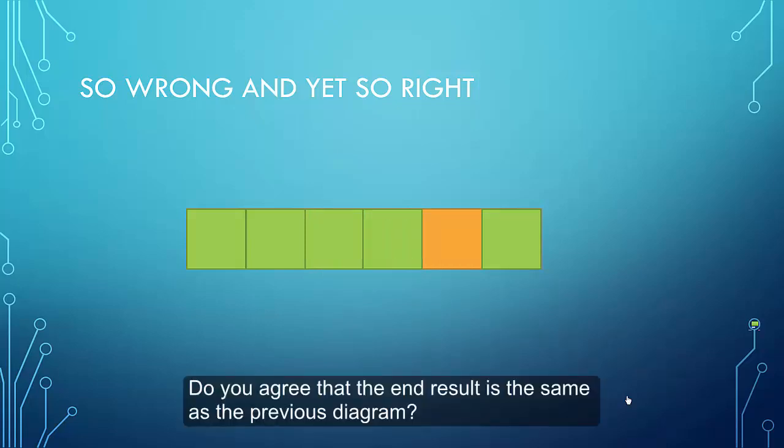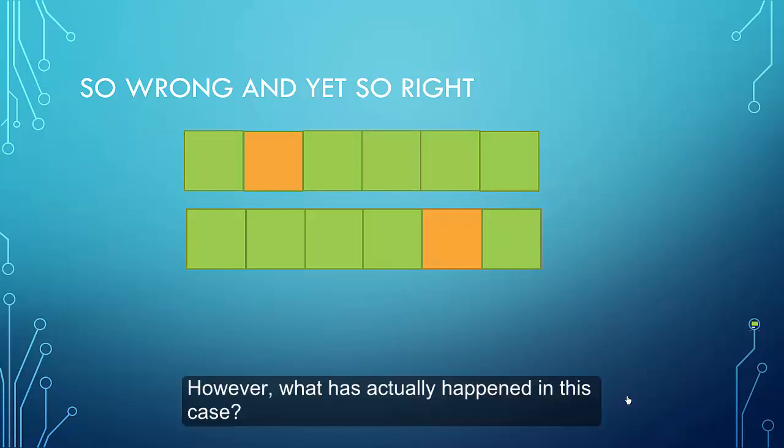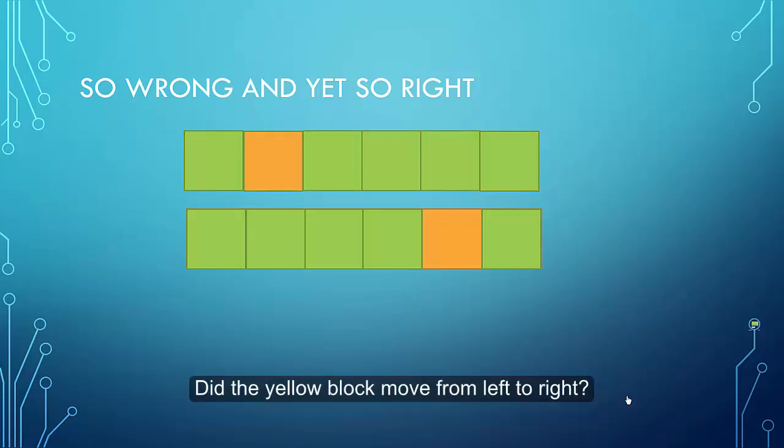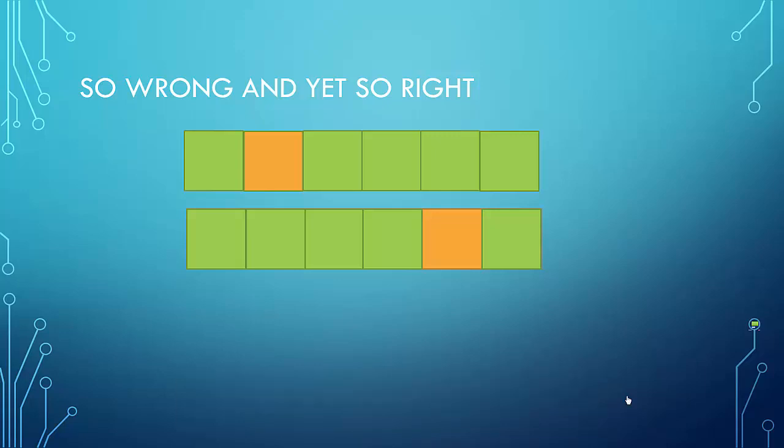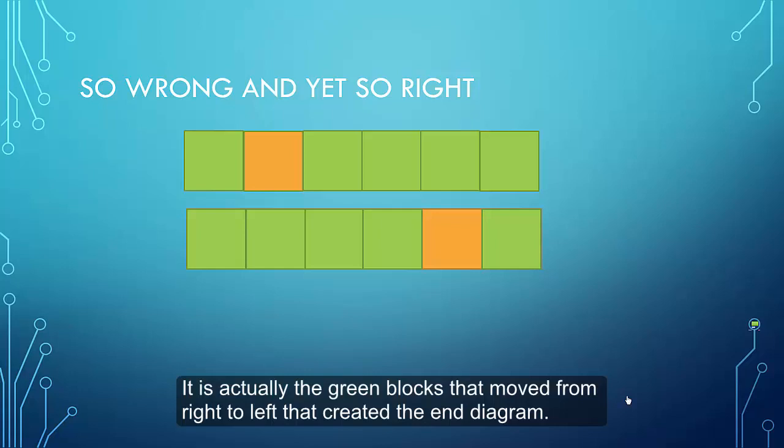Do you agree that the end result is the same as the previous diagram? However, what has actually happened in this case? Did the yellow block actually move from left to right? It is actually the green blocks that have moved from right to left that create the end diagram.